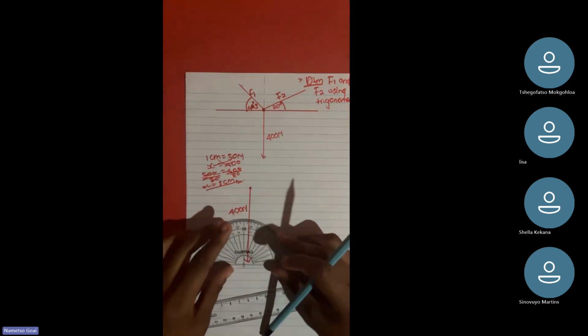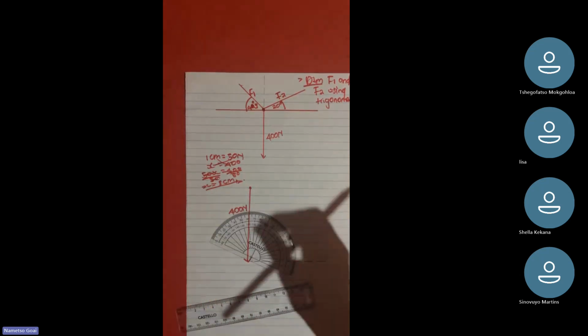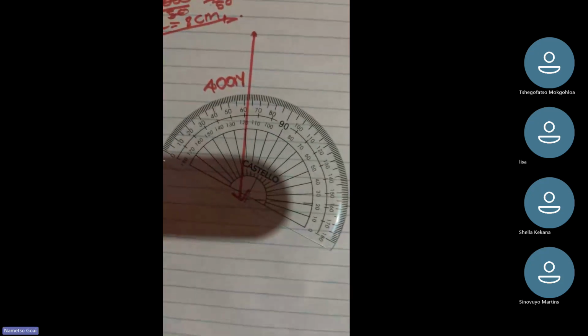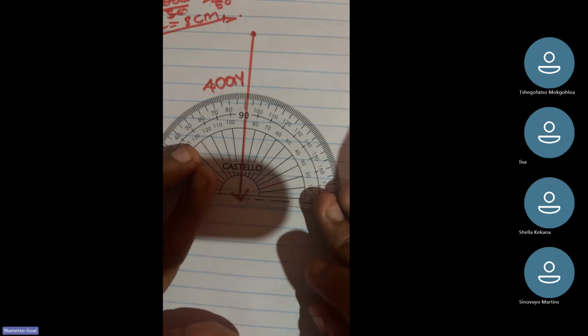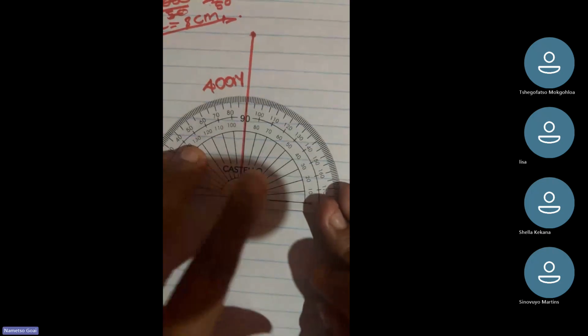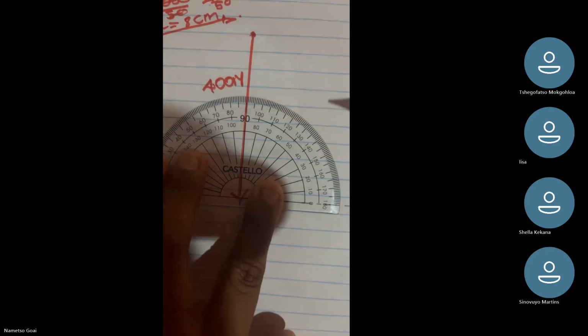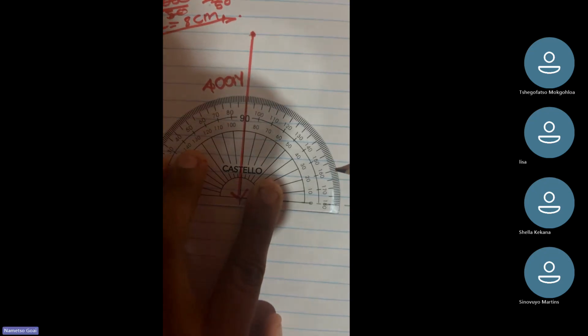Then take your protractor, where's the protractor? Here it is, in order to draw your F2. Place it at the end of this angle over here. Here's your 20. This is where you make your mark.